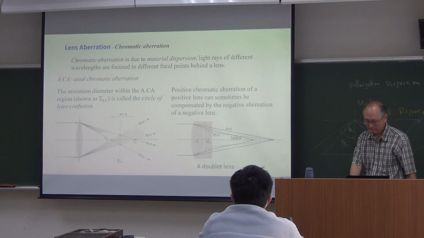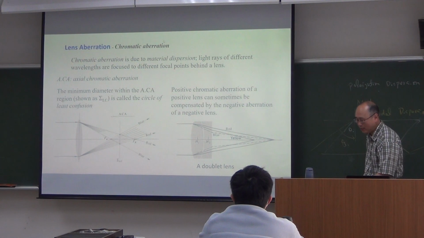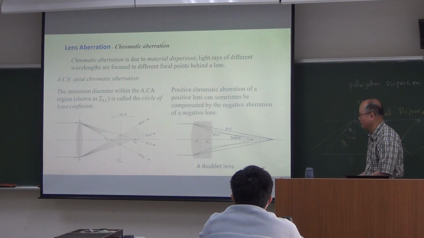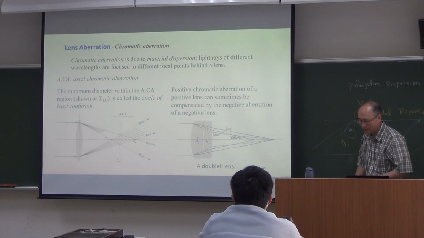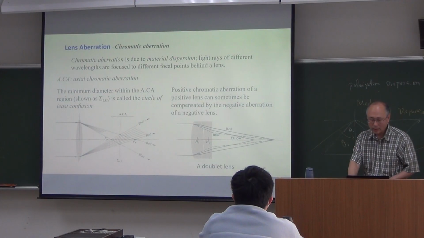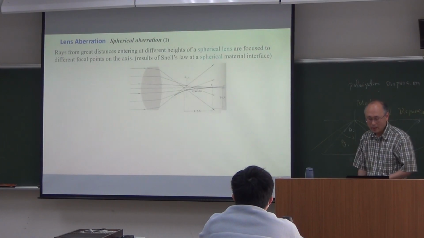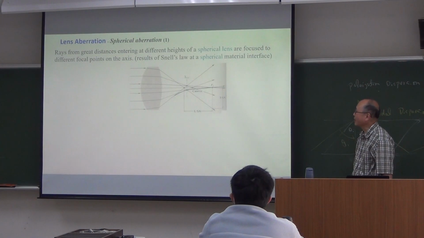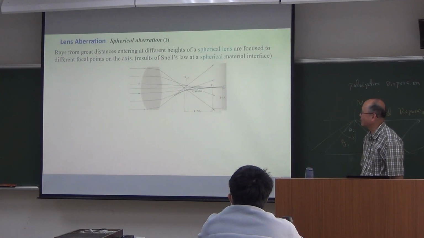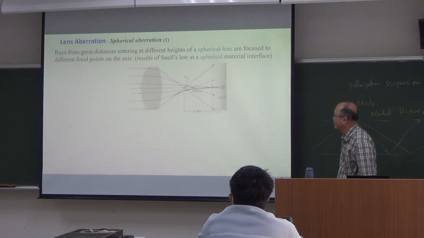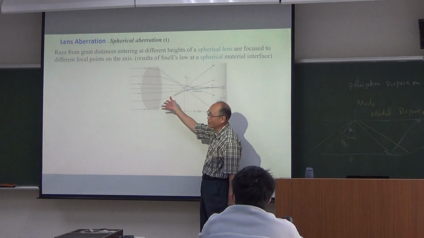Right? Well, because this is an engineering class, I need to tell you the rather useful applications. Okay, lens aberration. Another kind of aberration is that if you use a cheap lens, and in fact that is a popular lens, you have a spherical surface.